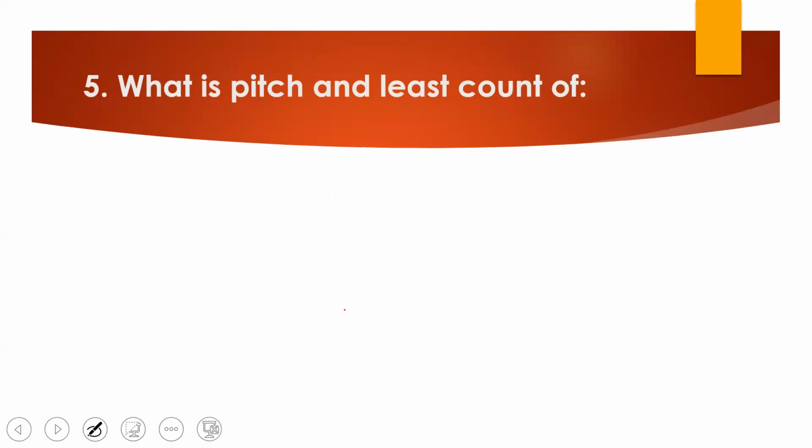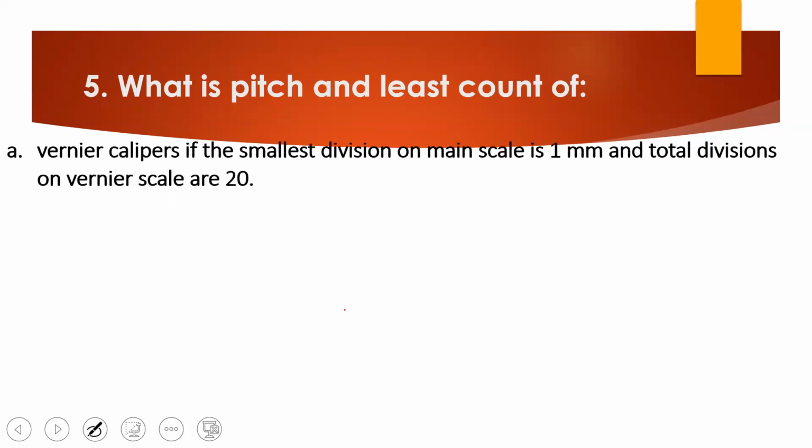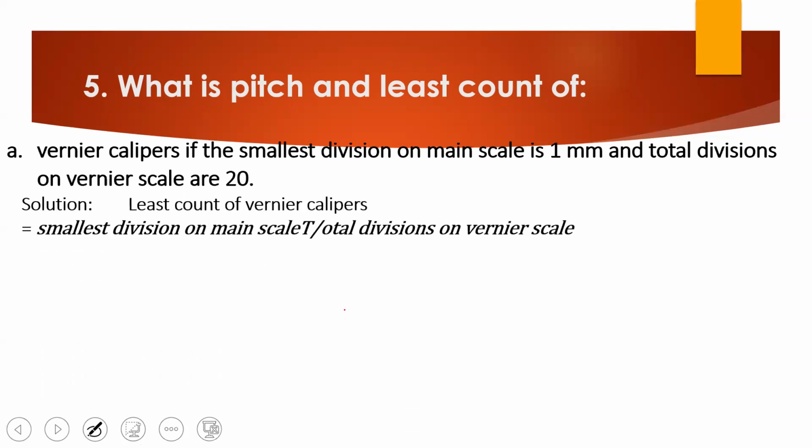What is the pitch and least count of a vernier caliper if the smallest division of the main scale is 1 millimeter and the total divisions on the vernier scale are 20? So the least count of the vernier caliper is equal to the smallest division on the main scale divided by the total divisions on the vernier scale.